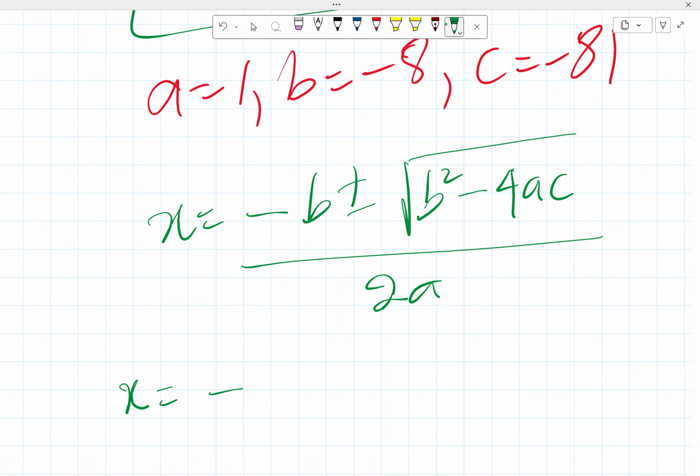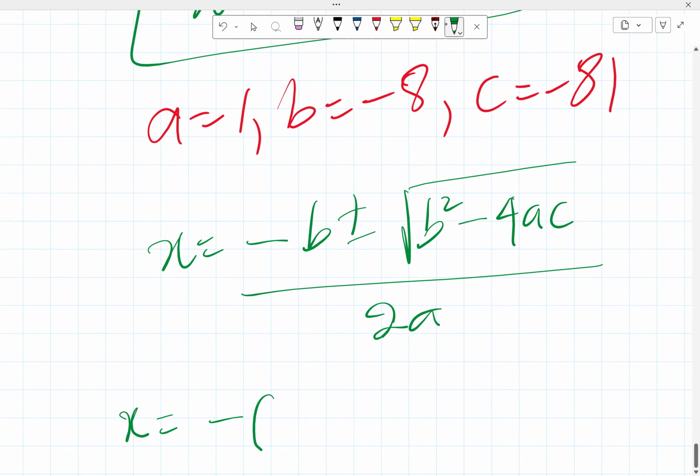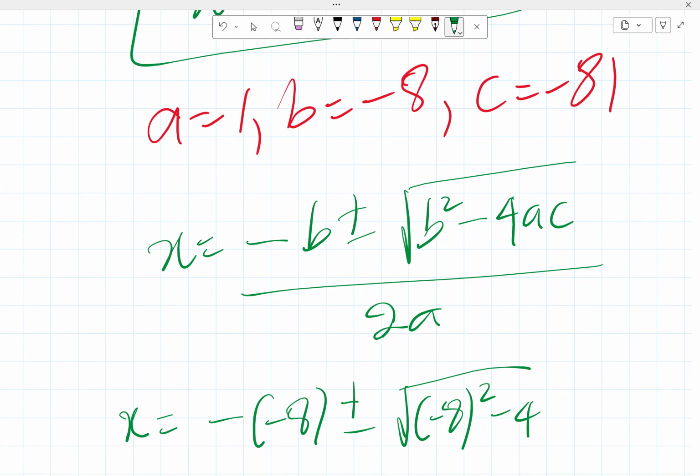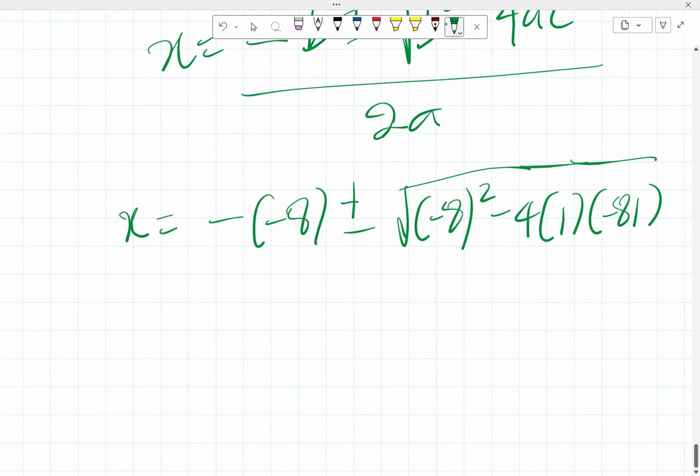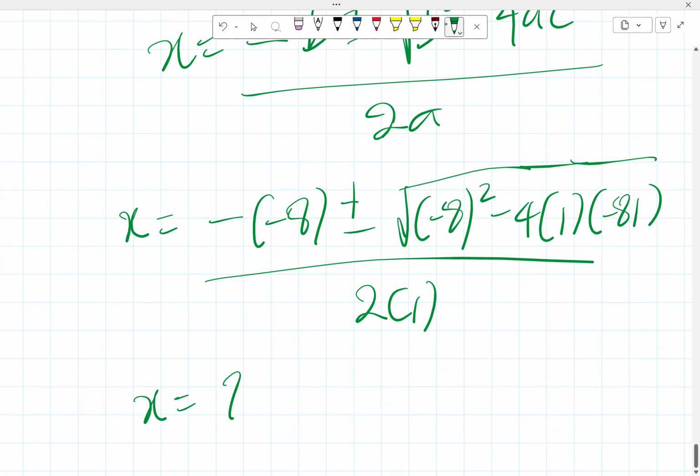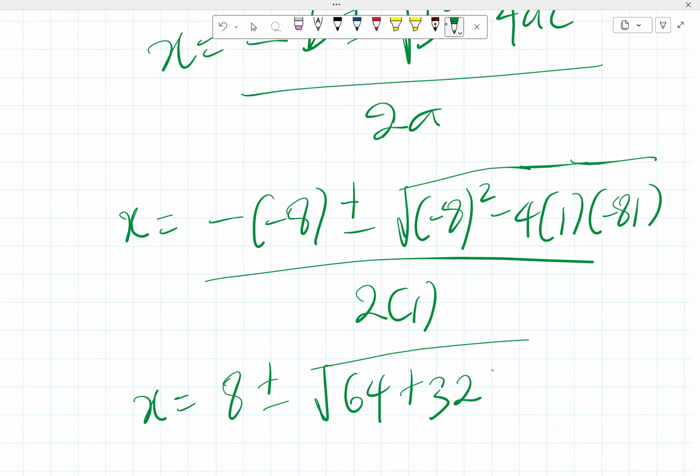So we have minus b, that's minus 8, plus or minus square root of minus 8 squared minus 4 into 1 into minus 81, 4ac, all over 2 times 1. So x now is equal to 8 plus or minus square root of 64 plus 81 times 4, that is 324. 8 squared is 64.